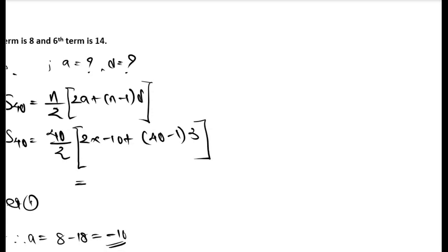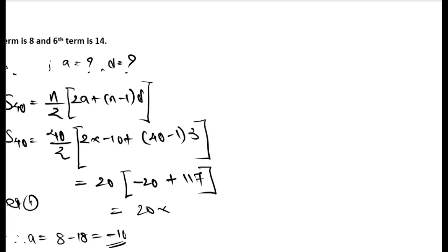Okay, so this will be 20 bracket minus 20 plus 40 minus 1 is 39, and 39 threes are 117, because 40 threes is 120, so 117, right? So 20 multiplied by 117 minus 20.